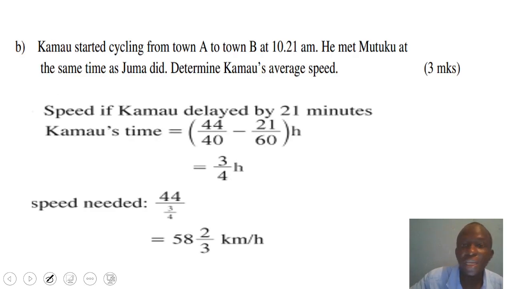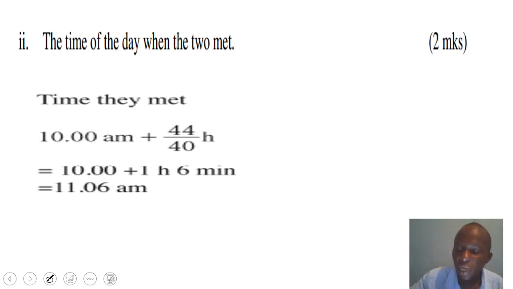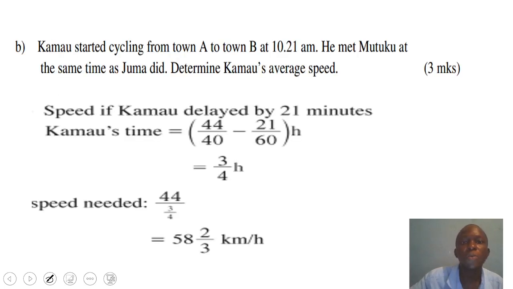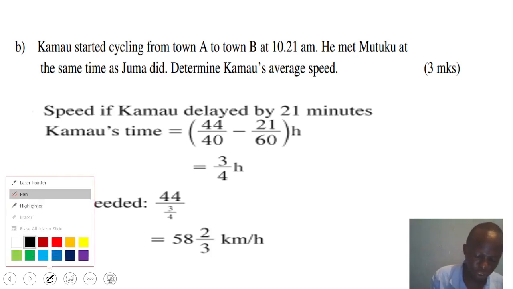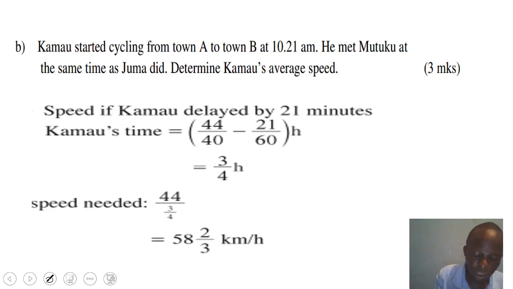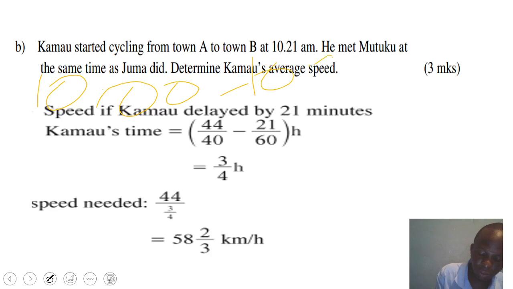But let us compare the time of Juma and the time of Kamau. Juma took off at 10 a.m. Kamau took off at 10:21. So the time difference is 21 minutes.